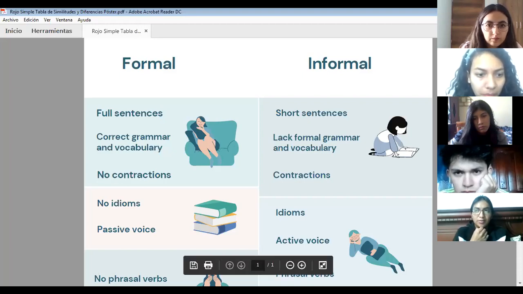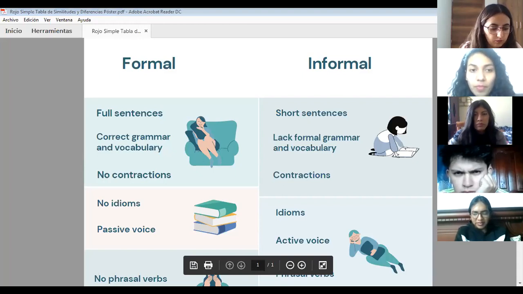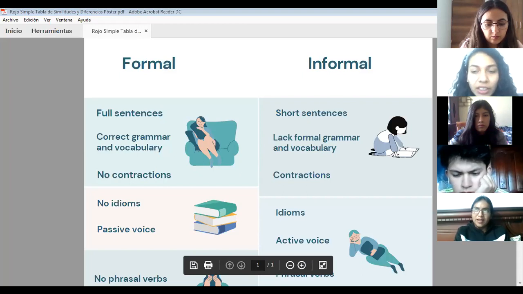The goodbye. ¿Qué más? What else? The words. The connectors. ¿Qué más? Informal, informal. The connectors. Thank you. I don't know, remember more.